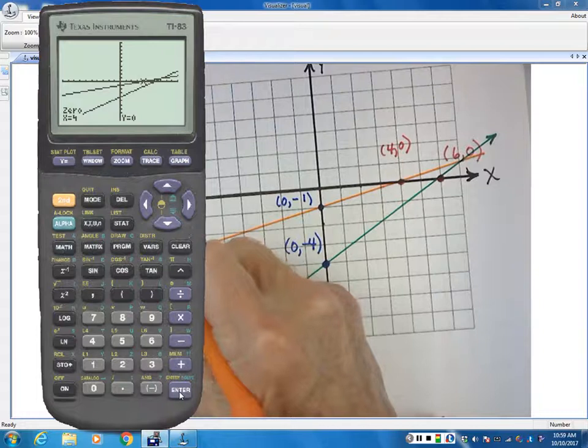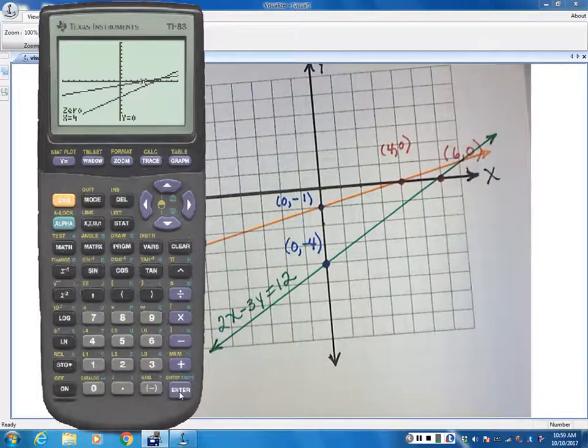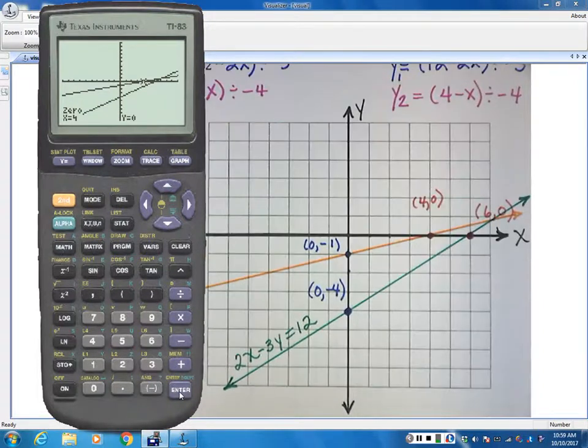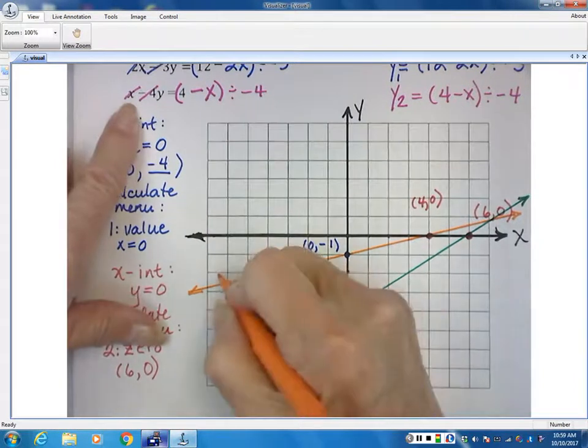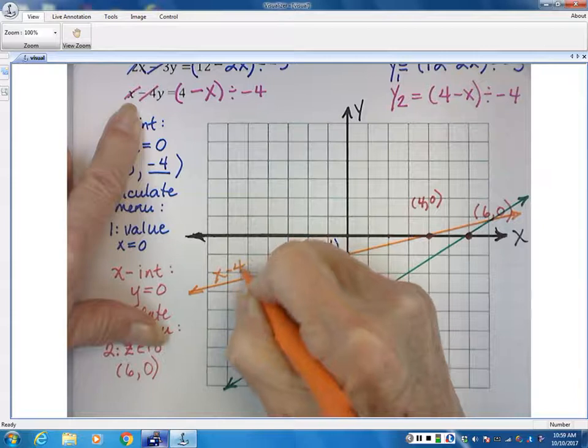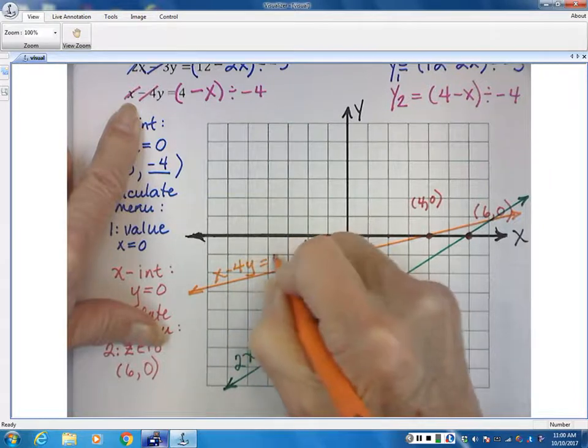So now this line, with the calculator, this line is x minus 4y is equal to 4.